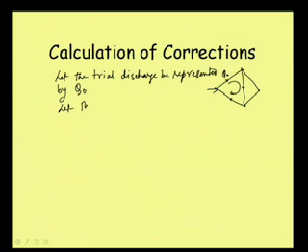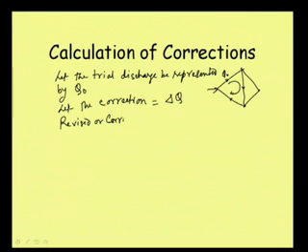Let the correction be equal to delta Q, and then the revised or correct flow, after applying the correction, is Q equal to Q0 minus delta Q.